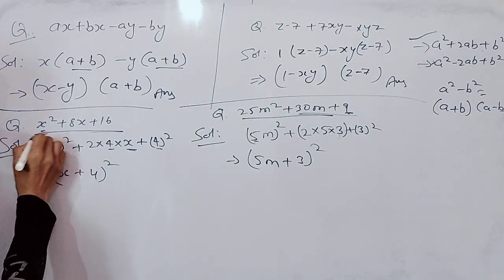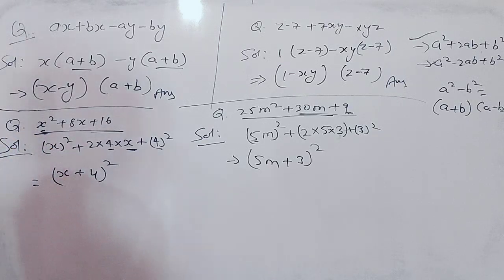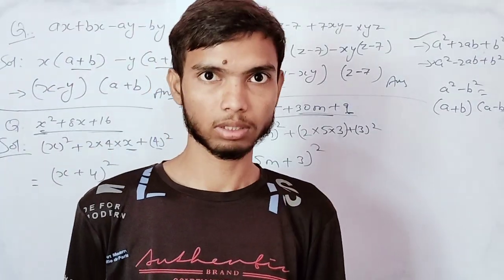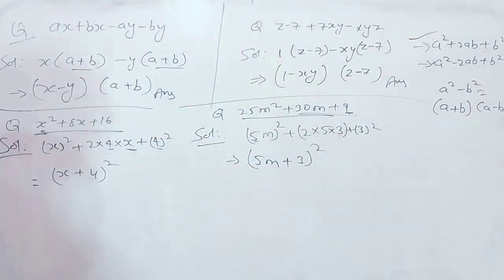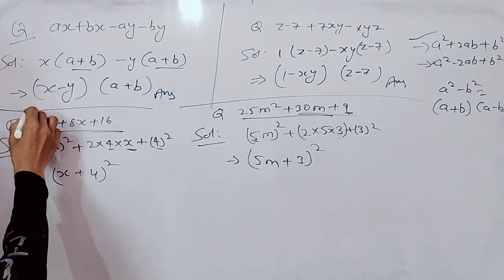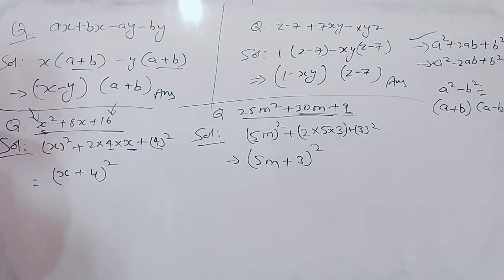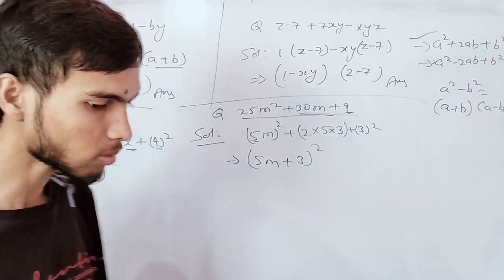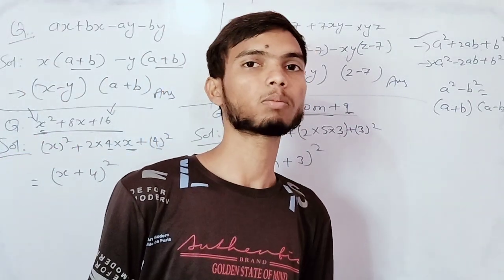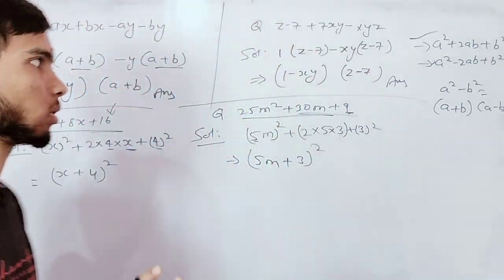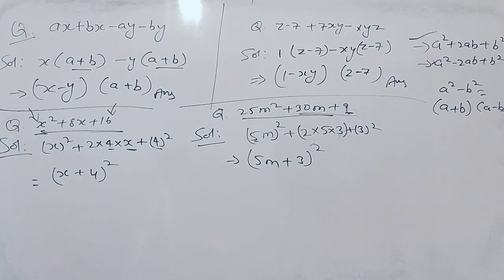Look, if the first term is a perfect square of any number, then yes, we can. One more thing: the last term is also a perfect square. Then you can use the algebraic identity to factor it. Clear?